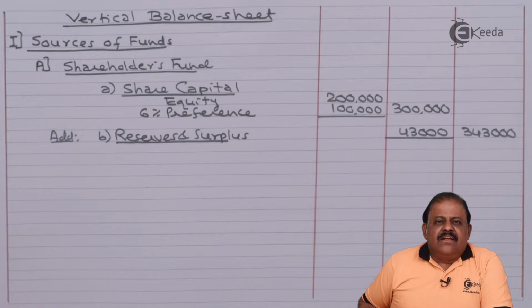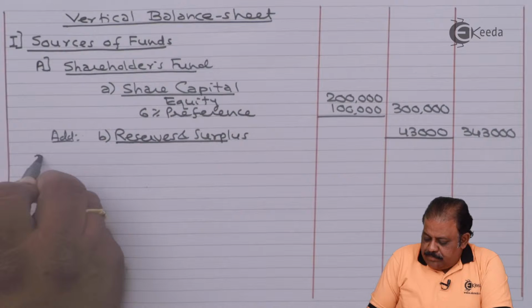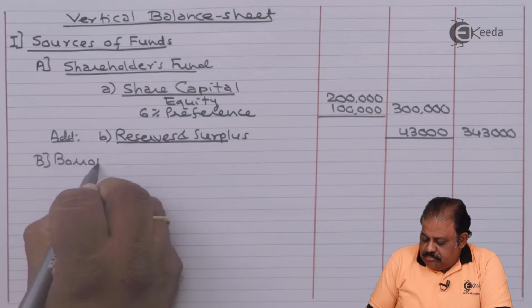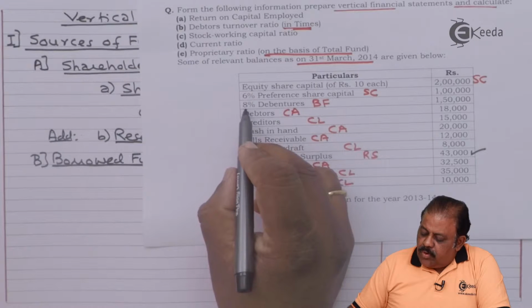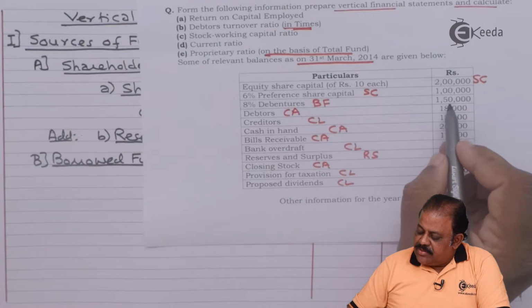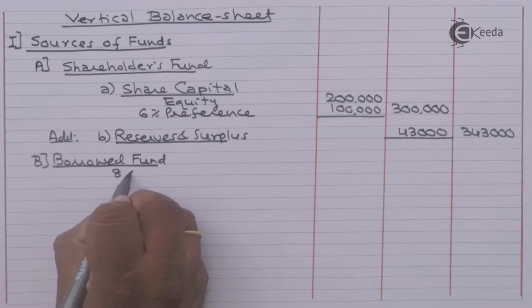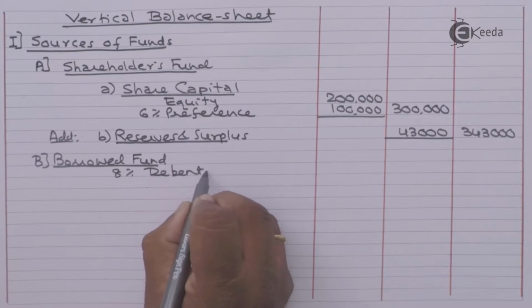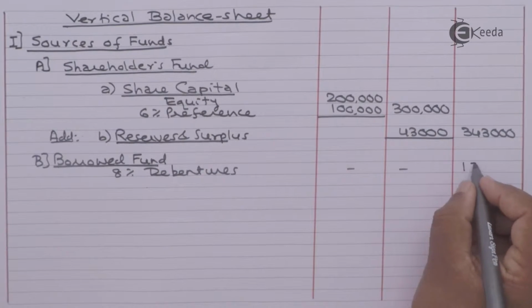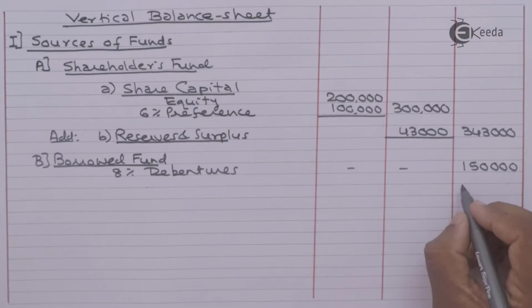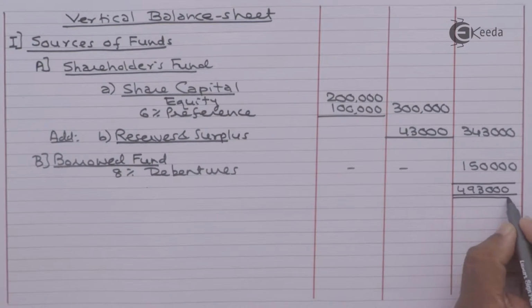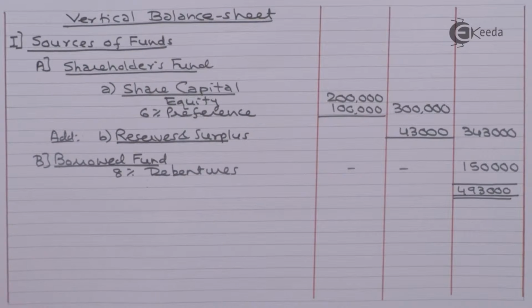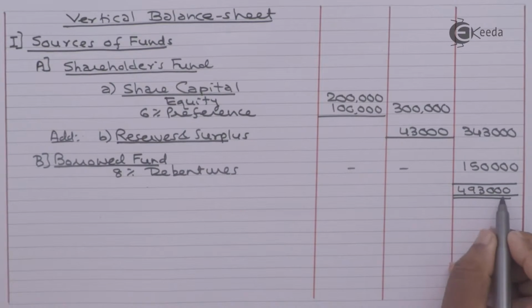To this we will be adding borrowed fund. In borrowed fund we have 8% debentures 1,50,000. So total funds employed 4,93,000.